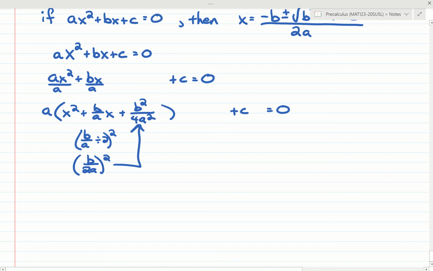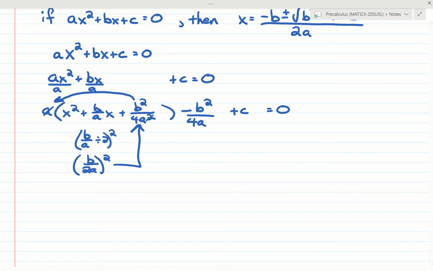That's our third step. For our fourth step, we take that new number, multiply it by a, and then subtract it. So I'm going to be subtracting b squared over 4a. By multiplying by a and dividing by 4a squared, it actually cancels with one of these. So you get 4a.